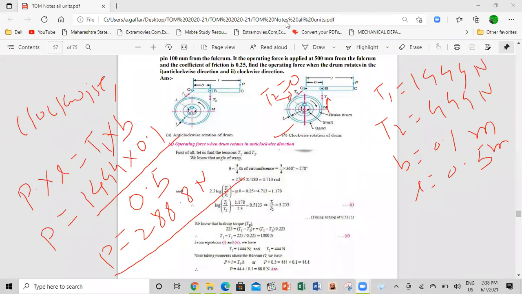I will send a similar problem with different given values on your WhatsApp group. Any doubt? No, sir.